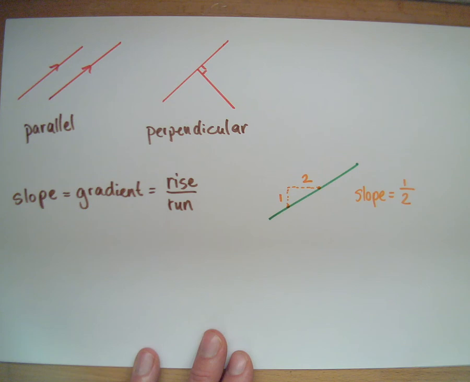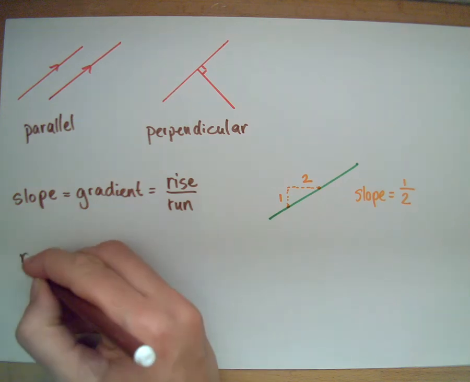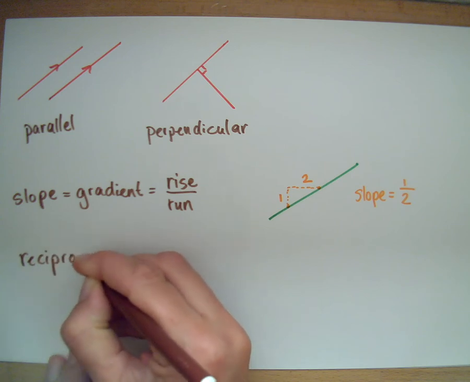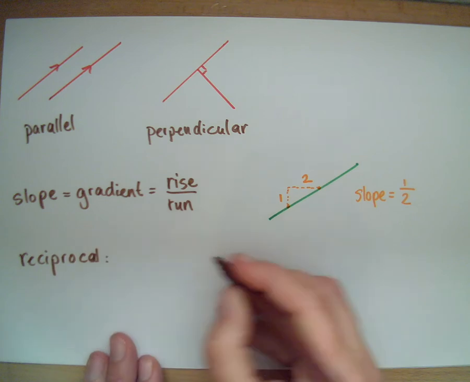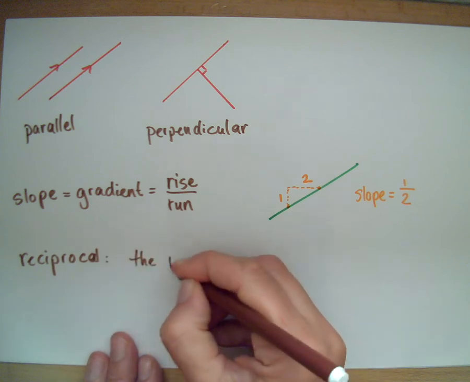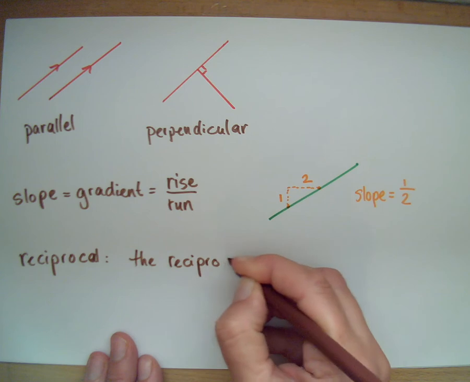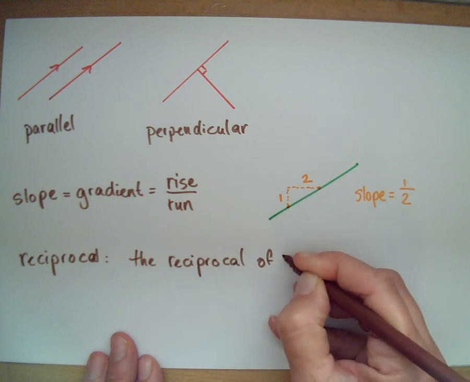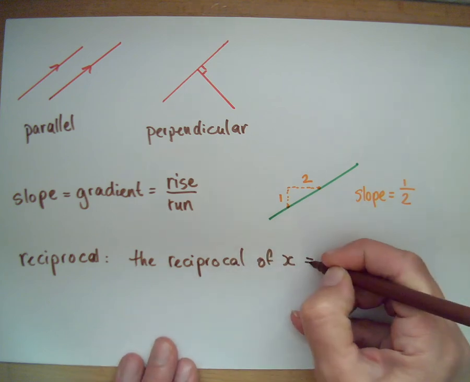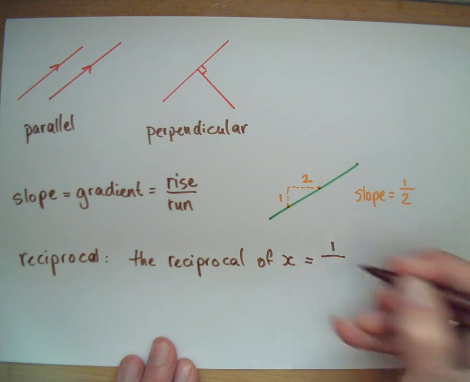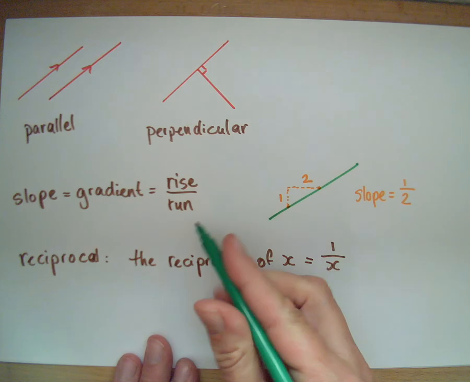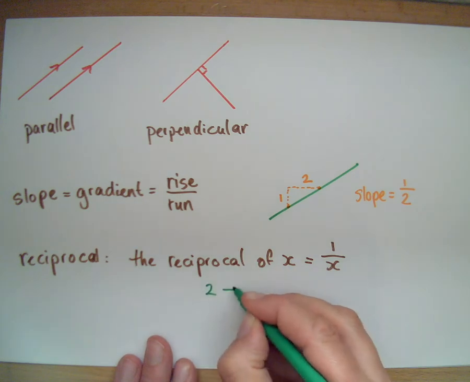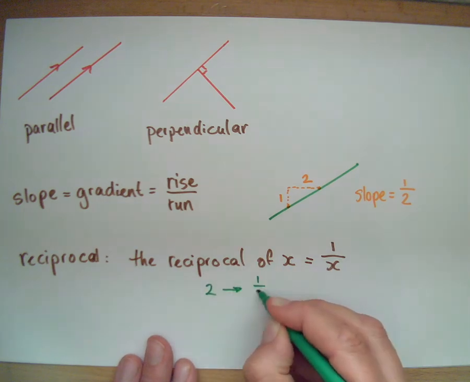Another thing we want to remind ourselves of is what the word reciprocal means. The reciprocal of a number x is equal to 1 over that number. So if we had the number 2, its reciprocal would be 1 over 2.